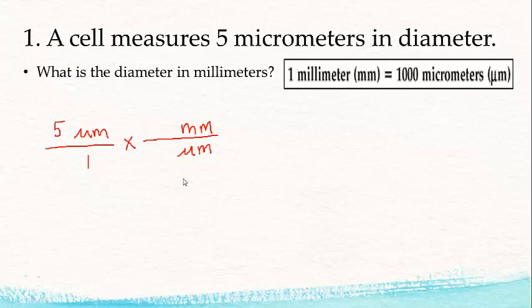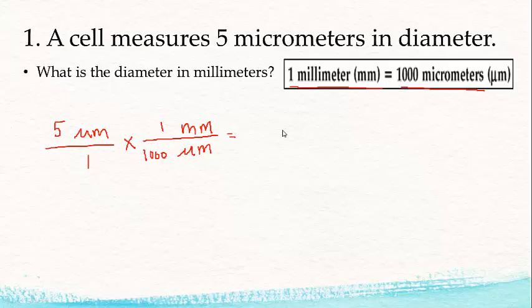Now that I've set up my conversion, I just need to add the numbers. If we look at our conversion factor, 1 is with millimeter and 1,000 is with micrometers. So let's keep them together. This means that we have 1 millimeter on top and 1,000 micrometers on bottom. So to solve this is the same thing as moving the decimal over 3 times.